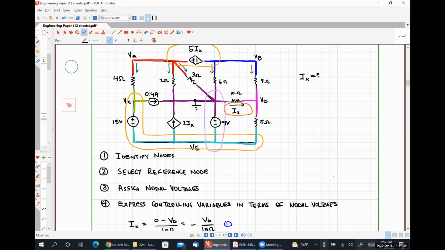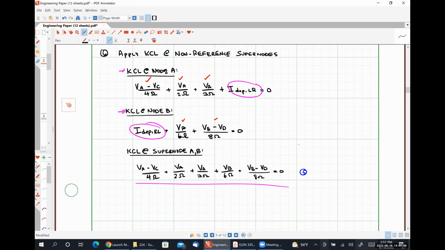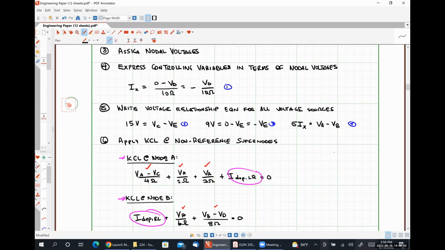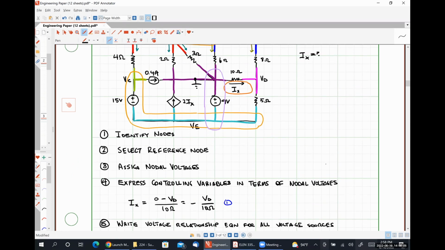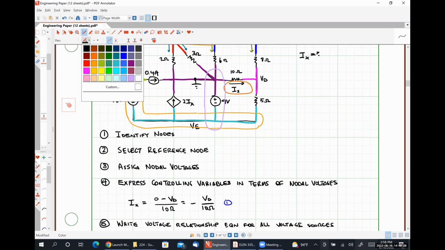So what would happen if we tried to write a KCL equation for supernode CE? Let's see what happens here, okay? I'm going to scroll back up and identify the currents that are leaving supernode CE.